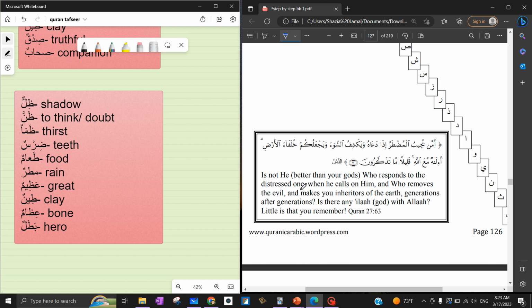Allah responds to the distressed ones when he calls on him. And who removes the evil? Allah removes the evil and makes you inheritors of the earth, the leaders on the earth, generations after generations. Is there any god with Allah? Little is that you remember. Dhakkara means to remember.